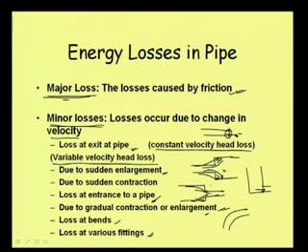When it is a gradual contraction, this sort of abrupt change is not there, so eddy formation and those sort of things come less. When in a pipe system we can make a gradual change, whether contraction or expansion, we can reduce the head loss.